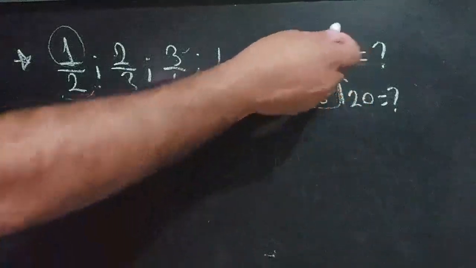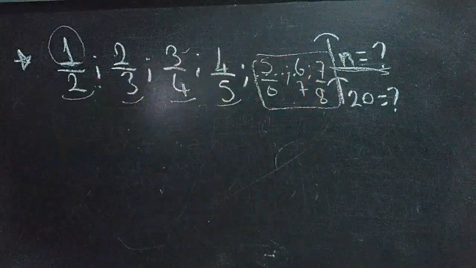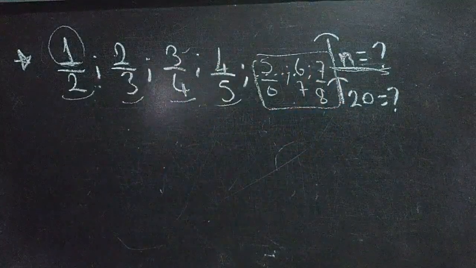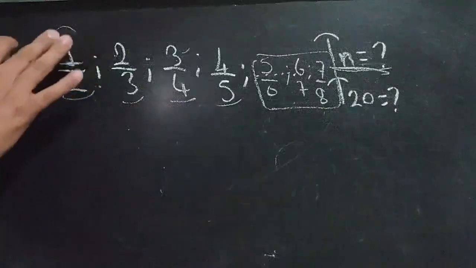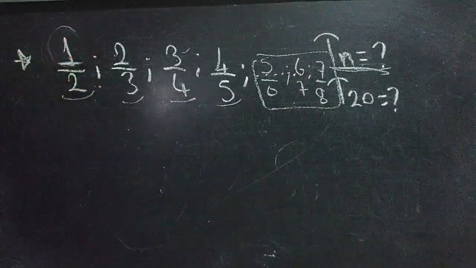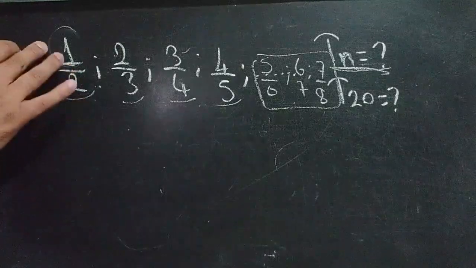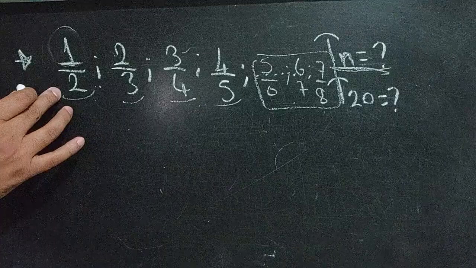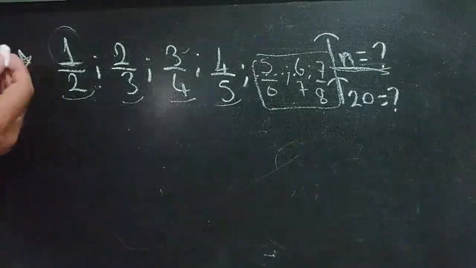But the question is asking for the general formula and term 20. How do you find it? Now I'm going to deal with the first one first. I can see the first one is 1 on top and 2 on the bottom. How can it be? I will try numbers now.